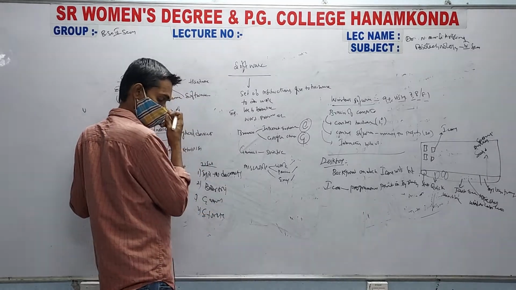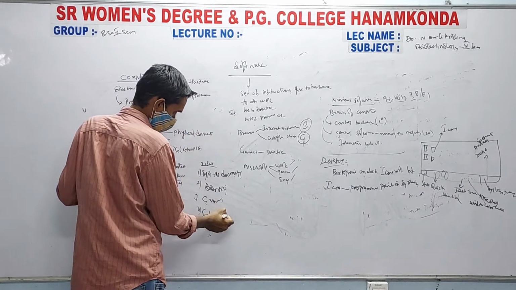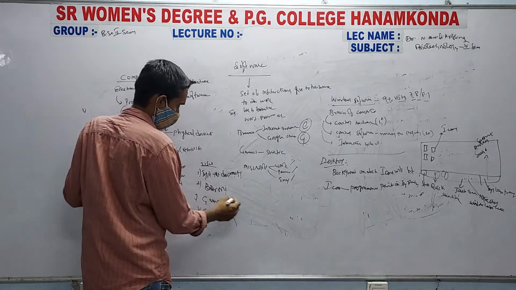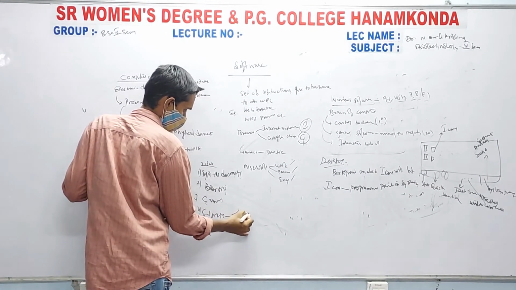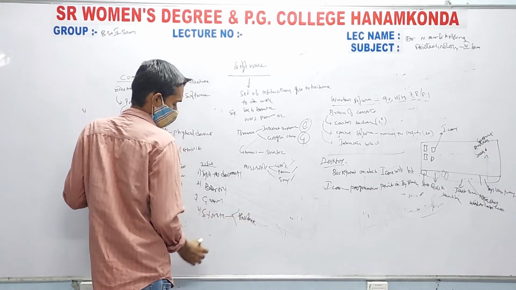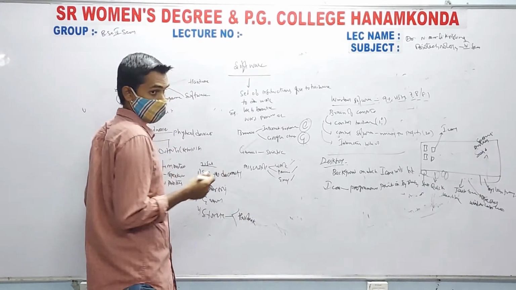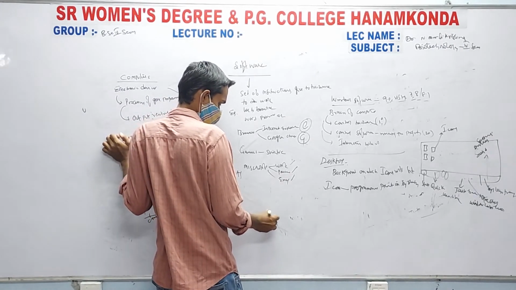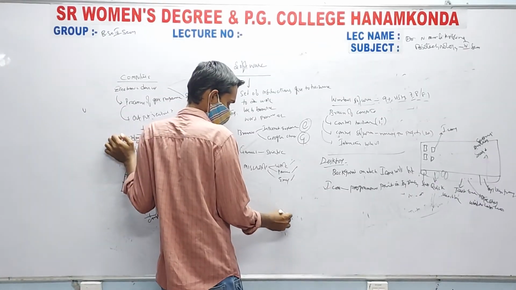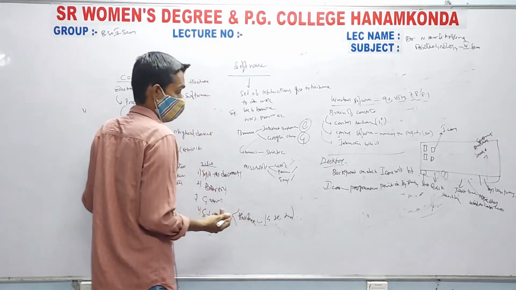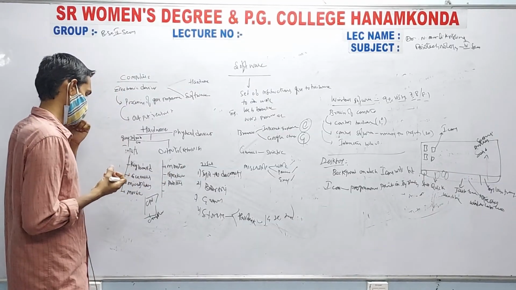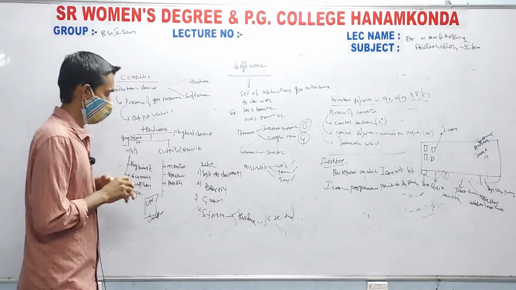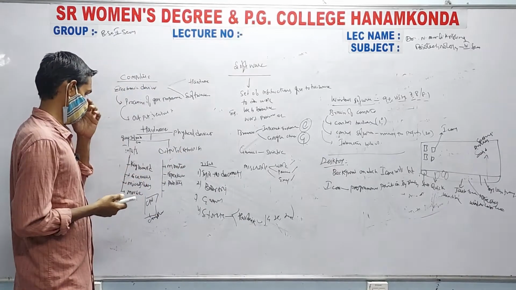So computers can be used for the storage of information, which is stored in the hard disk. Based on the capacity of the hard disk, such as 1 GB, 2 GB, 3 GB, the information can be stored. So these are the different uses of computers.